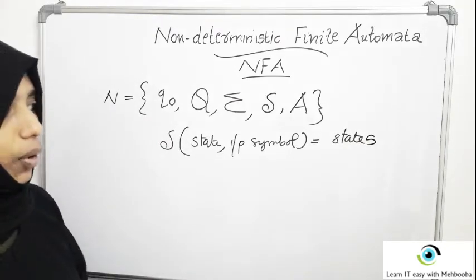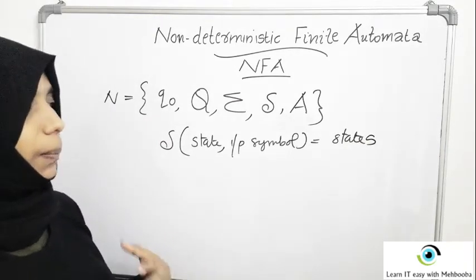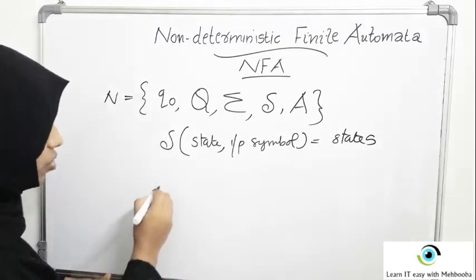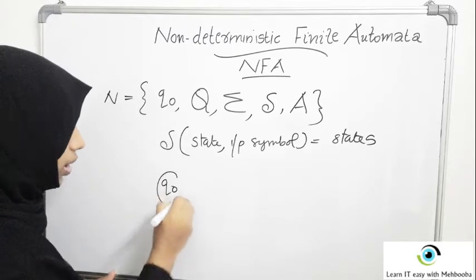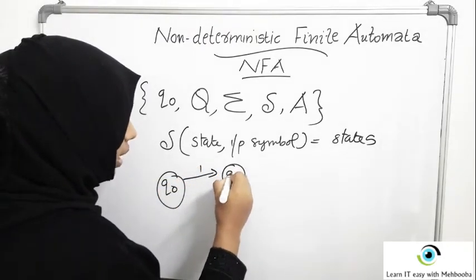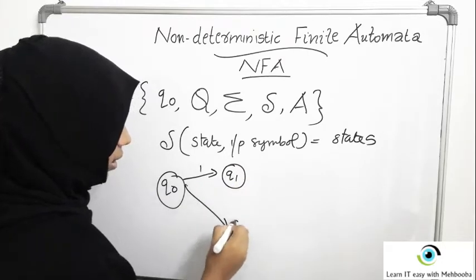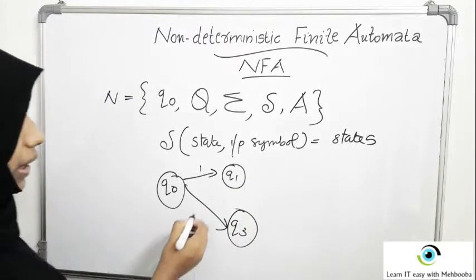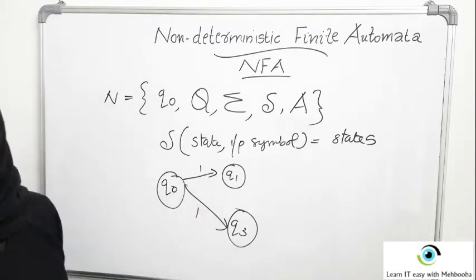That is, at any point of time the NFA can be in multiple states. For example, from the same state Q0 on the same input 1, the NFA can go to state Q1 and state Q3. In case of DFA this is never possible.